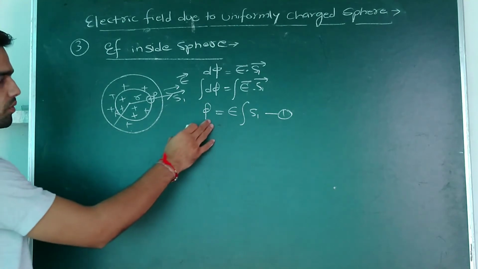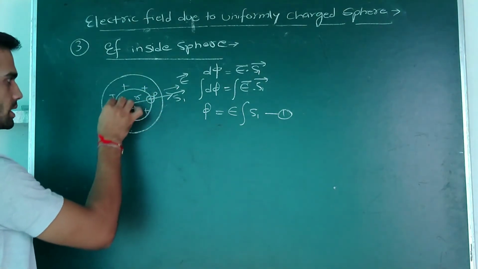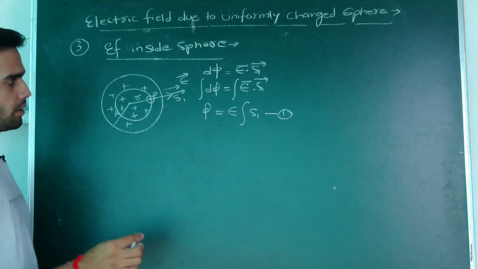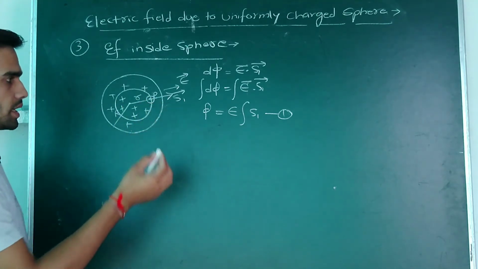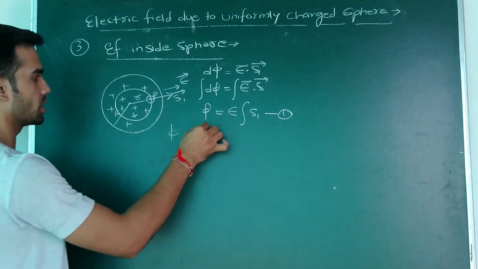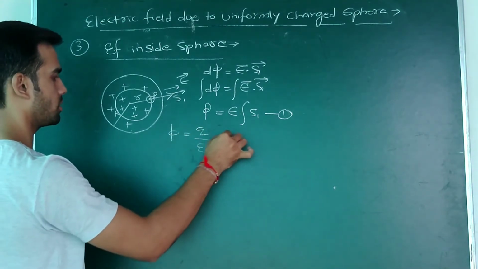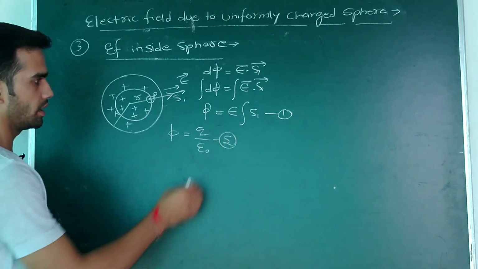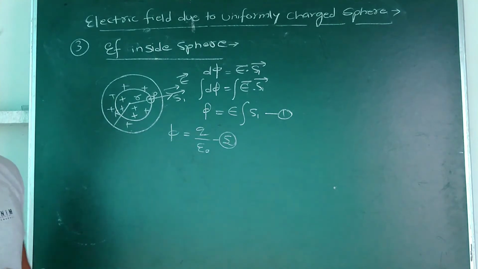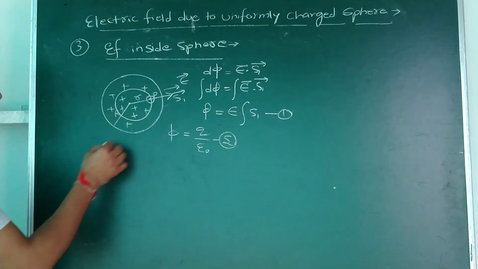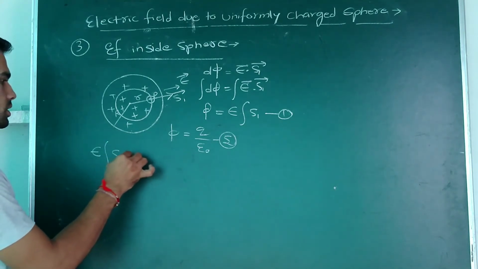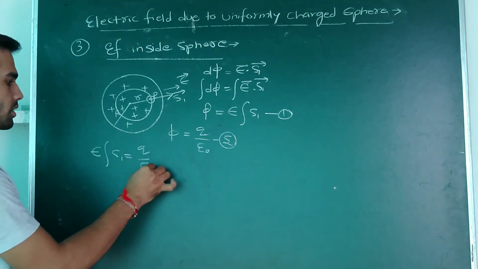This is the calculation of total flux passing through this Gaussian surface of radius small r. Now if you want to calculate electric flux again with the help of Gauss law, then we can write phi equal to total charge divided by epsilon naught. Equation number 1 and equation number 2 both represent the same physical quantity, so we can equate both equations as E integration of S1 equal to Q upon epsilon naught.